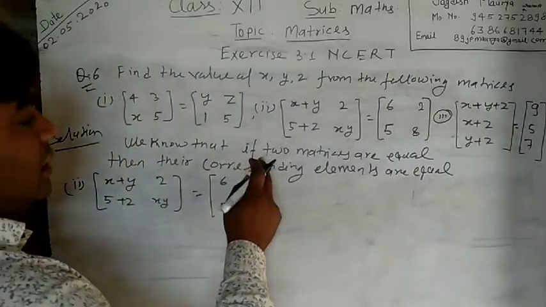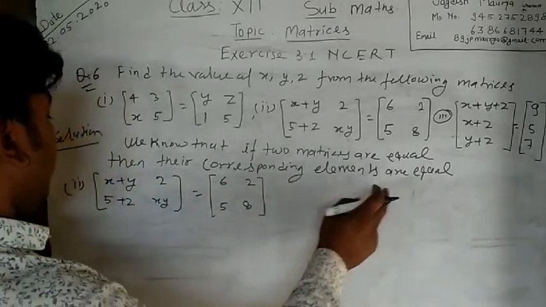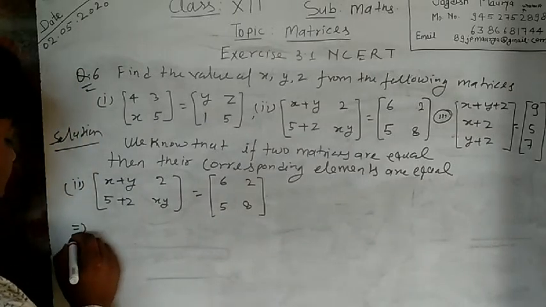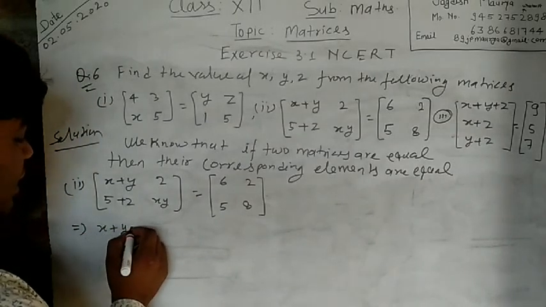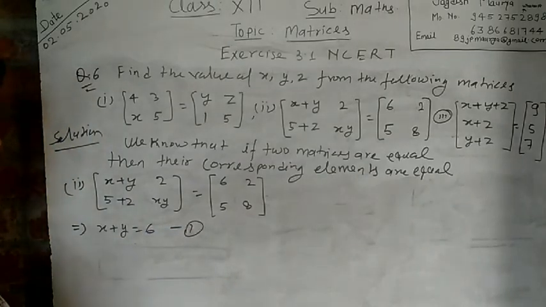Here we know that if two matrices are equal, then their corresponding elements are equal. Means x plus y equal to 6. This is equation number 1.